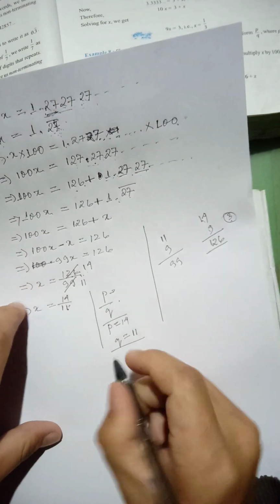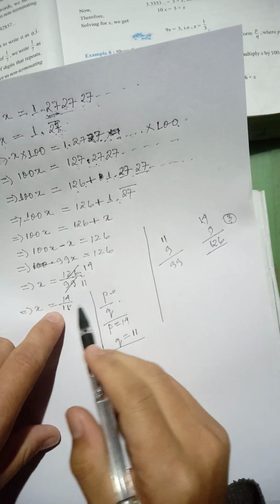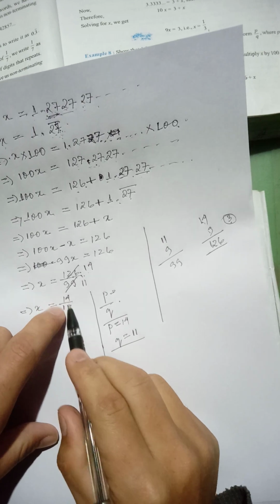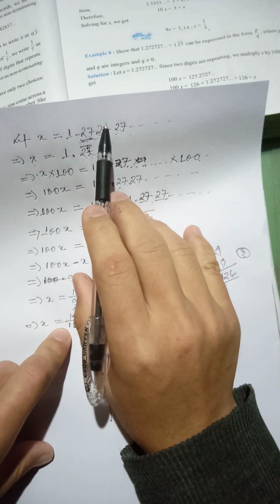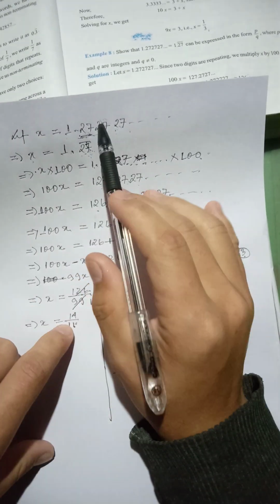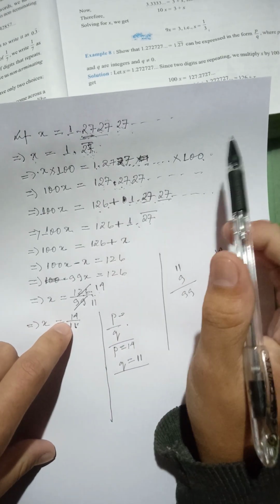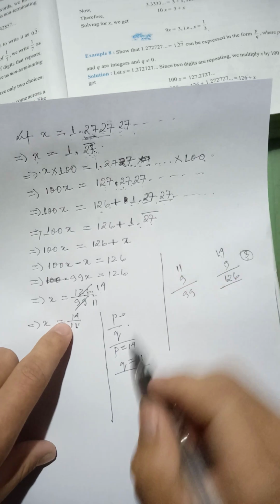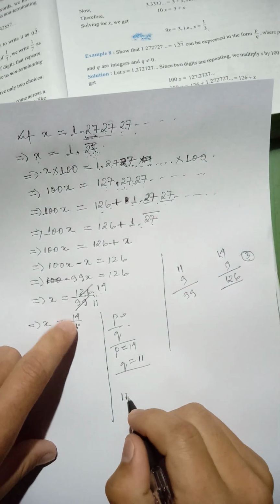But for better understanding, let us prove this. If you divide 14 by 11, you will get the same number. It is the same, but we have expressed the decimal expansion in a different form, in the form of p by q. Now let us prove whether it is true or not.